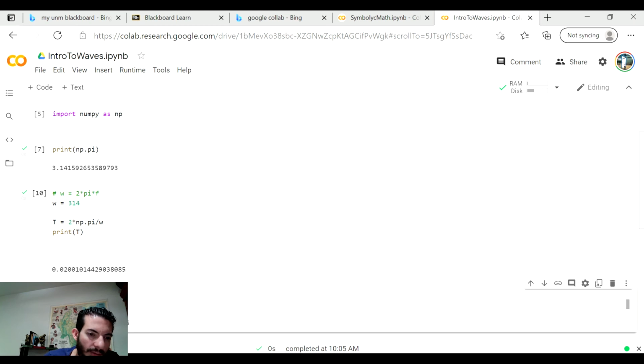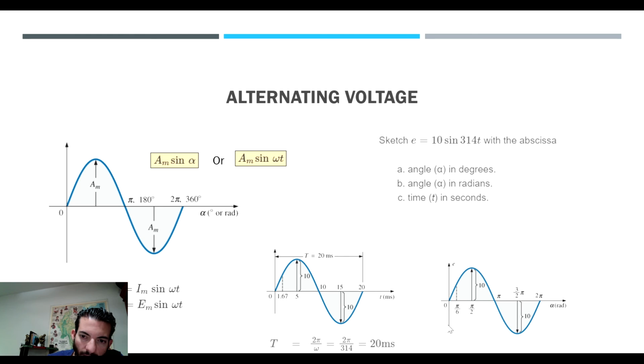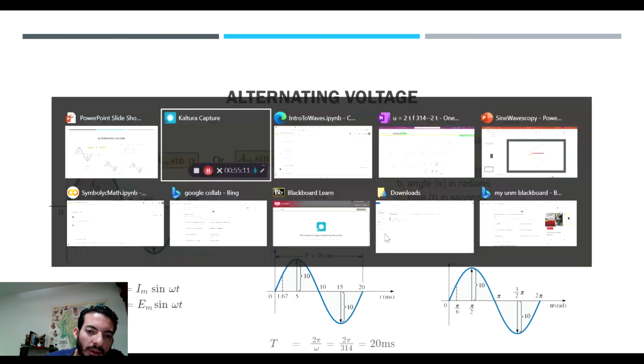There you go, so we did it correctly. Just to confirm, this is 49.97, or 50 hertz. They did not ask for this answer in hertz, but we know that 314 radians per second corresponds to 50 hertz, which is the type of voltage they have in Europe.